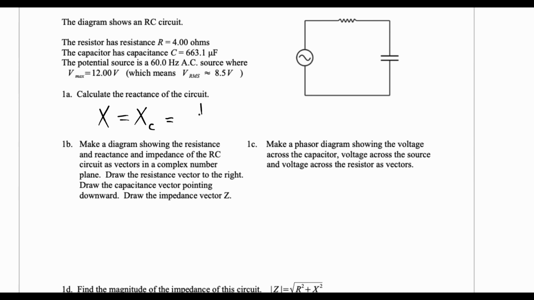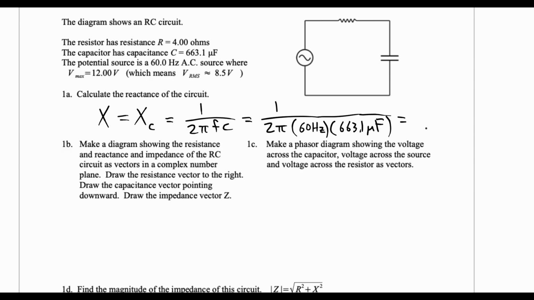And the formula for that, if you recall, was 1 over 2 pi FC. So we would get this. I get 4 ohms out of that.